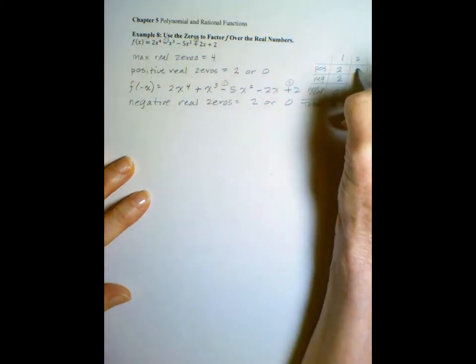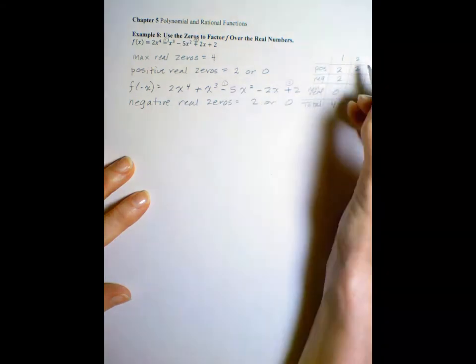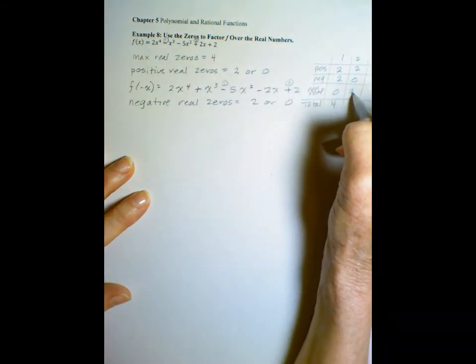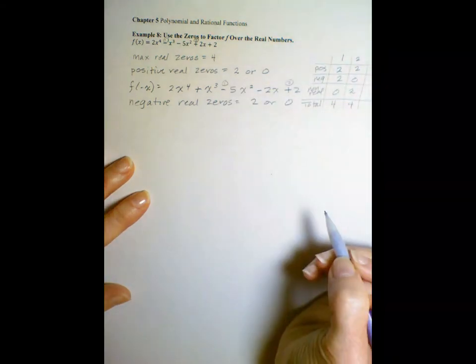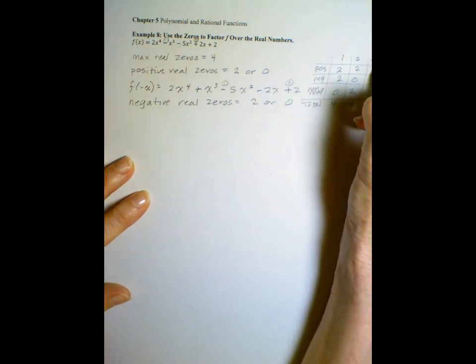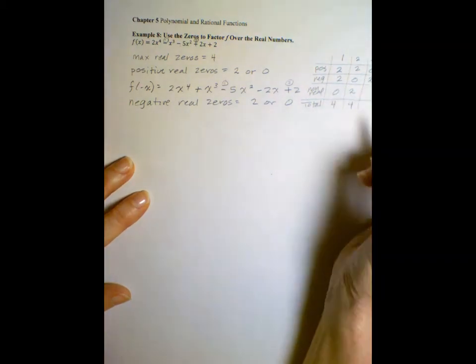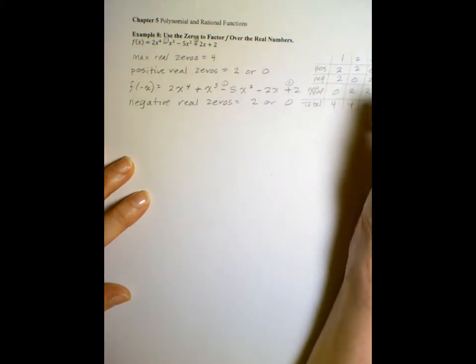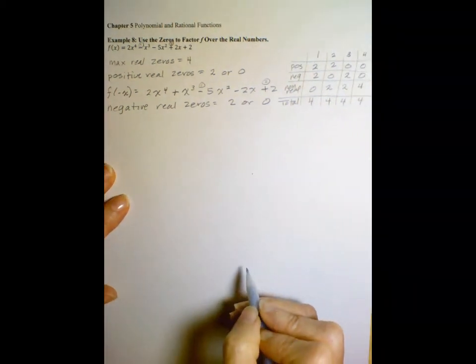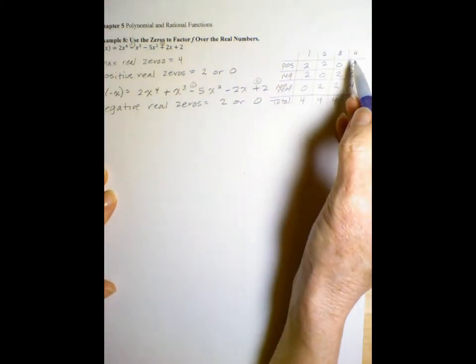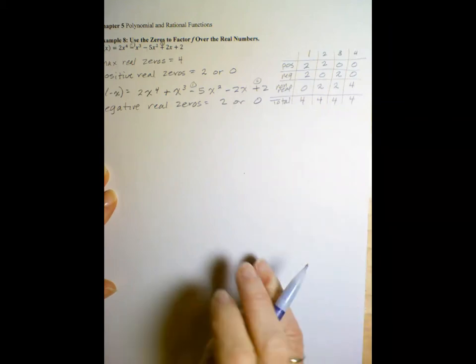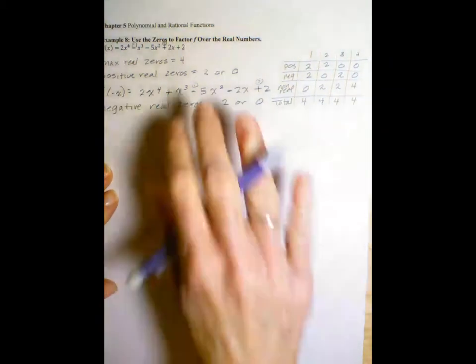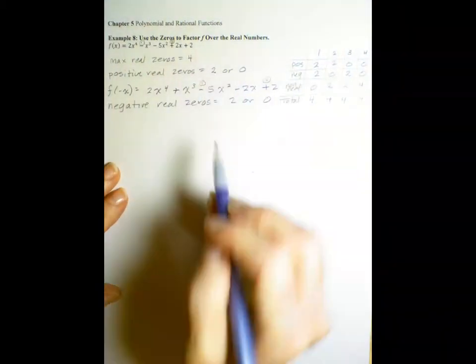Another possibility is 2 positives but no negatives, so there's 2 non-reals for a total of 4. Another is no positives but 2 negatives and 2 non-reals for a total of 4. And the last possibility is no positives, no negatives, 4 non-reals. So there are 4 different potential outcomes in positive and negative real zeros, just to make sure you understand what all this means.